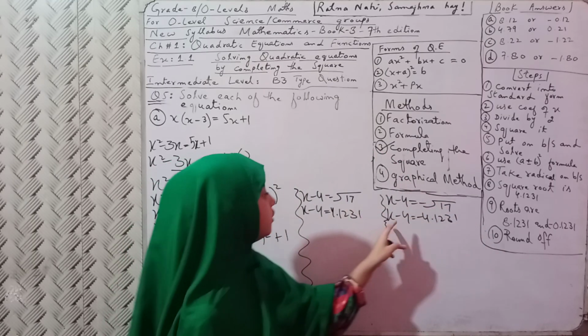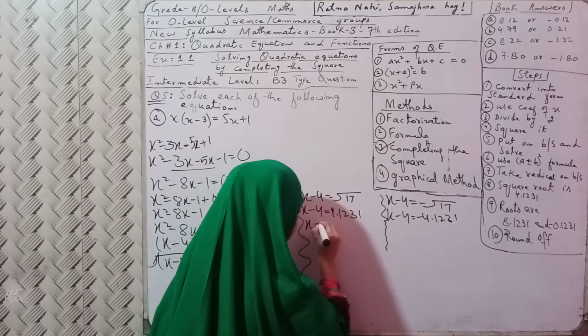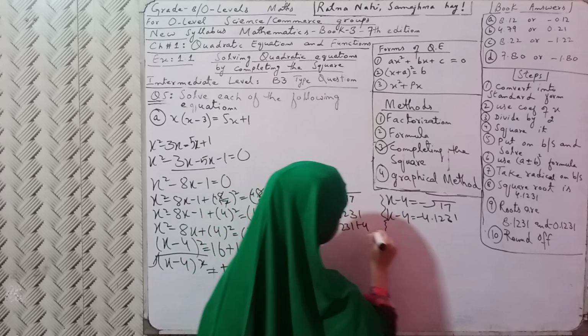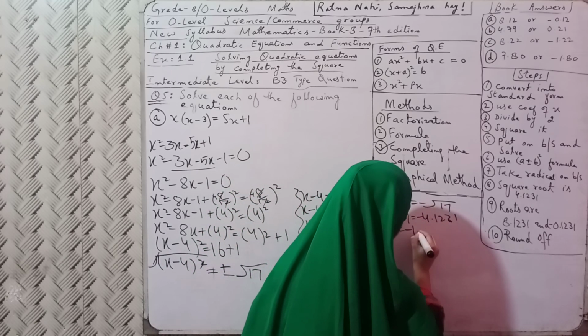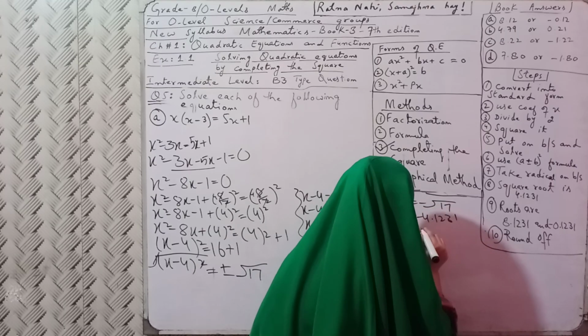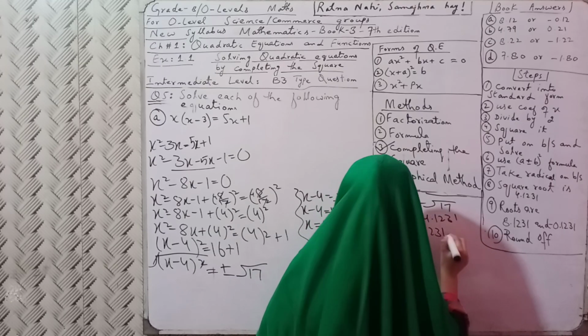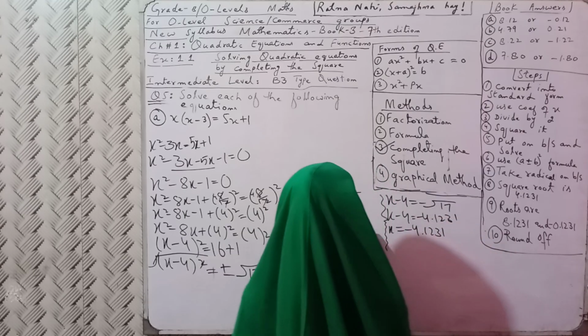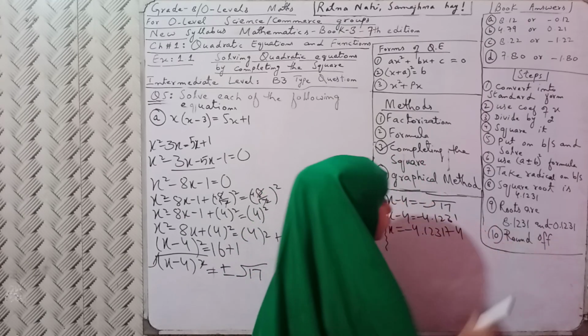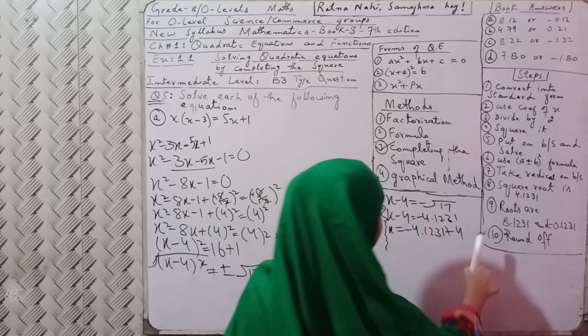Now this will go there. So x is equal to 4.1231 plus 4, x is equal to minus 4.1231 plus 4.